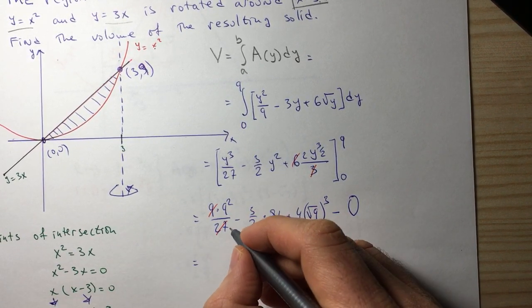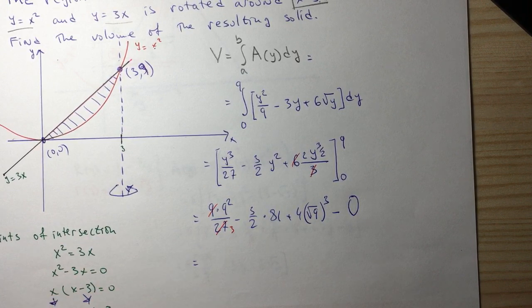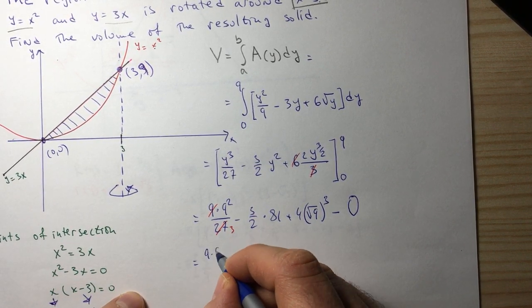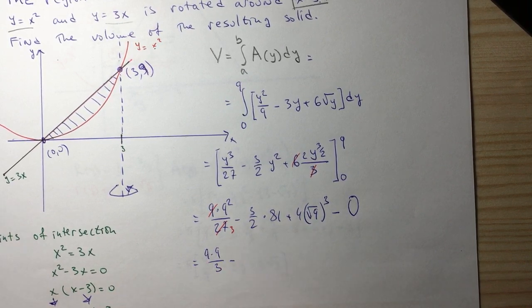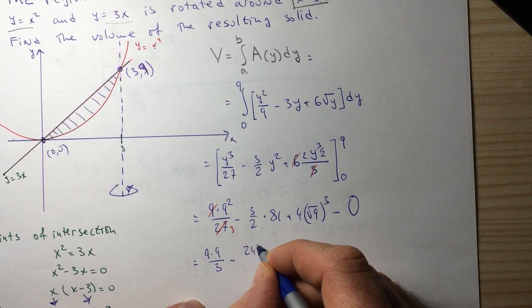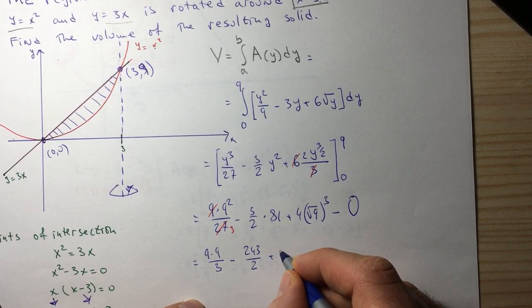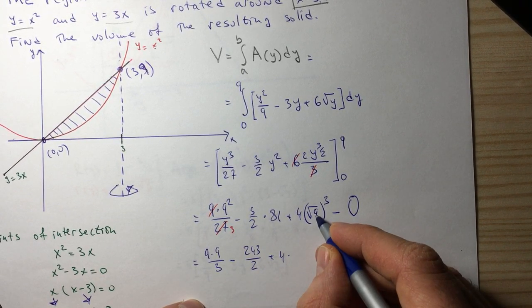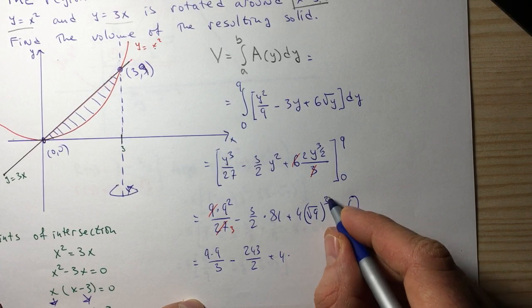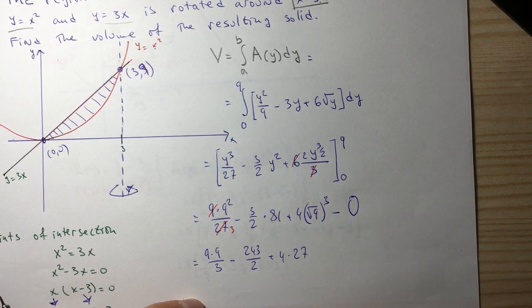You get 3, which cancels with the 9 here, so that's 9 times 9 over 3 minus 243 over 2 plus 4 times square root of 9, which is 3 cubed, is 27.